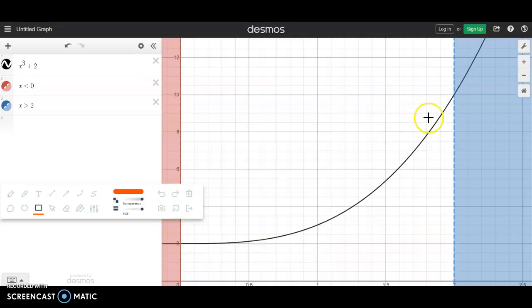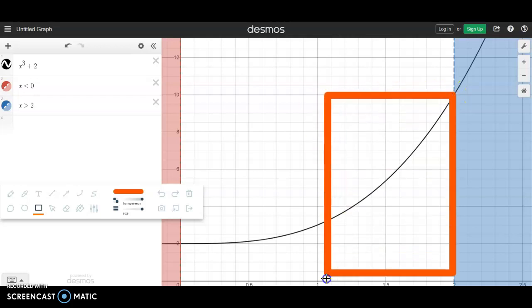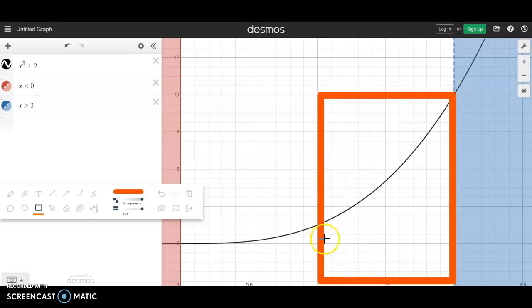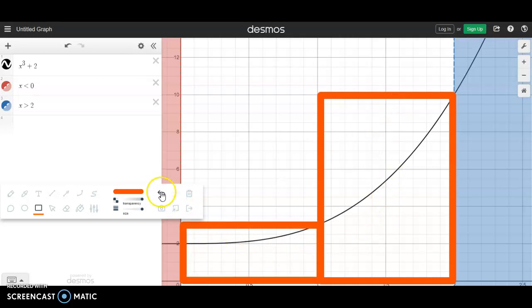Or if we had a right-hand endpoint, you'd end up with one that vastly overestimates the actual area under the curve.